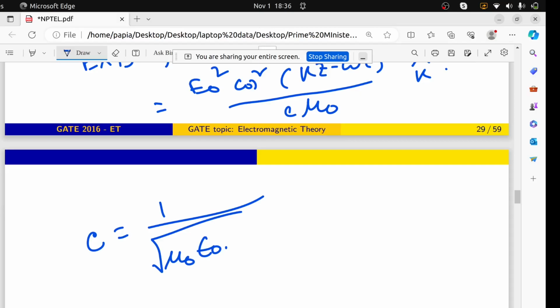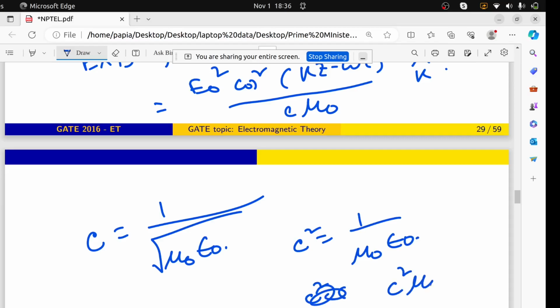If I put the value here, then C square will be what? 1 by mu naught epsilon naught. Now C square mu naught will be what? 1 by epsilon naught. Now you can see here, C mu naught is there. That means we have to multiply here one C and here one C, right?